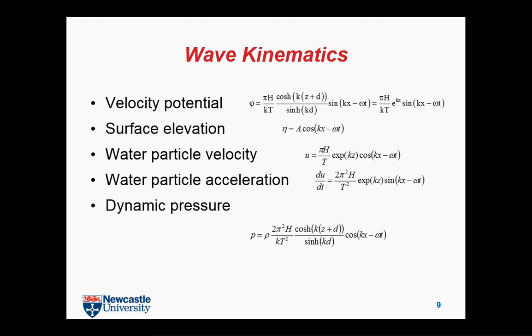It's a general form. For deep water, E will be very big, and the whole term will be 1, right? So that's why when we assume the water is deep, we don't have this term, because it's 1.